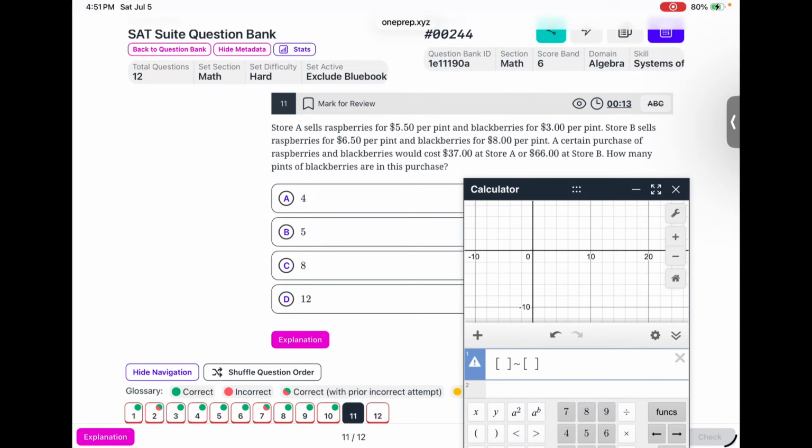Store A sells raspberries for $5.50 per pint, and blackberries for $5.50 plus 3.